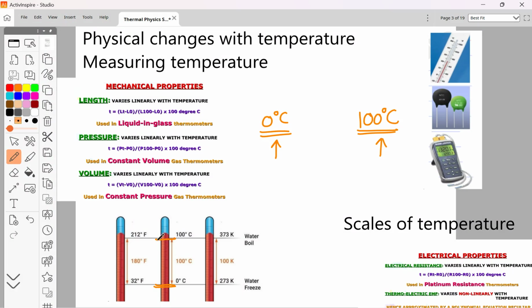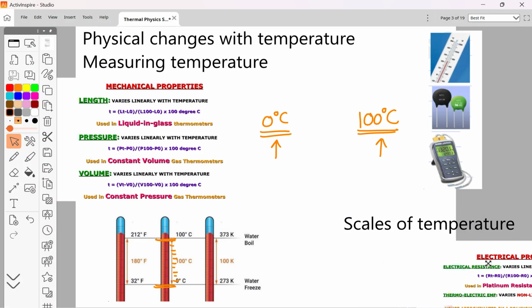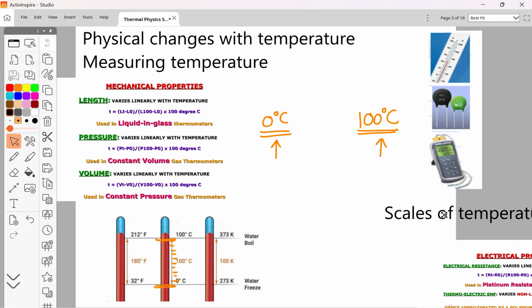At 100 degrees, you'll have your top limit there. And it's easy to make your thermometer then because it's a linear scale divided up into 100 equal pieces. And there you have your thermometer. So that is an easy way then to make a thermometer. They can calibrate them. And that's what we generally use.